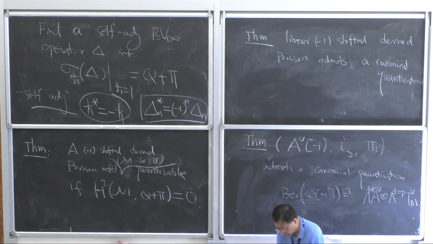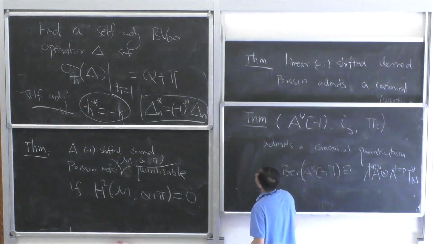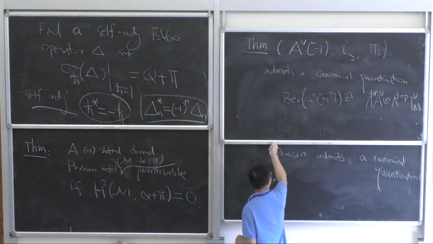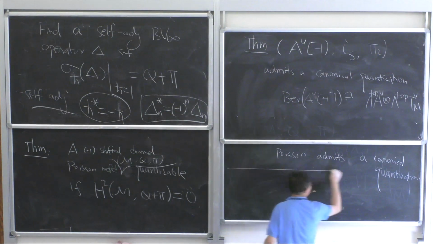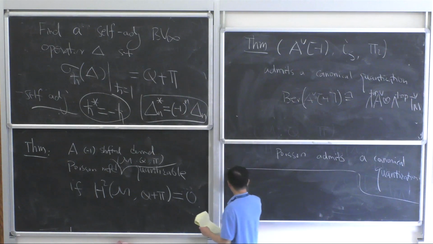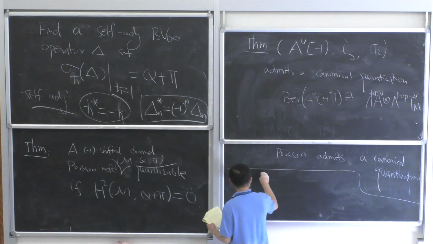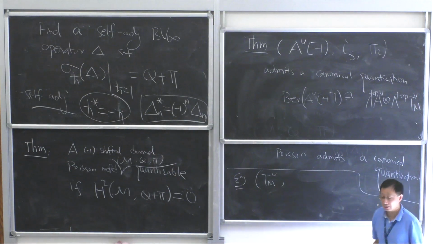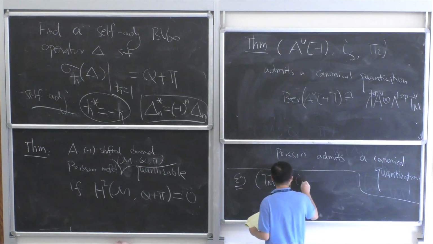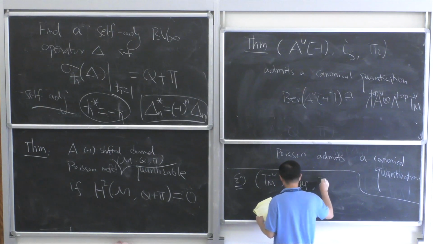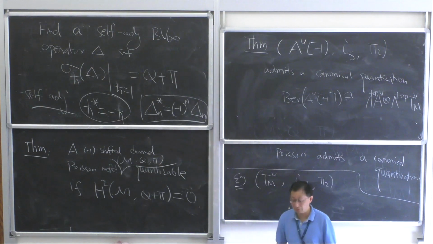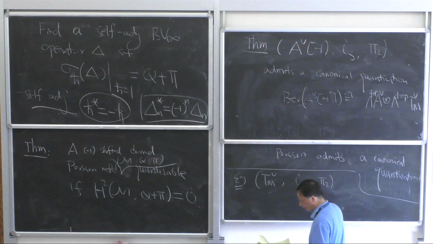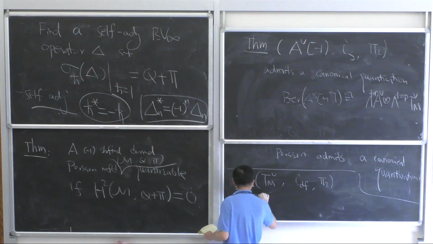Let me just give you one example, in the special case. Instead of usually algebraic, it's just the tangent bundle and just the derived critical locus, and then this quantization, this operator is H.